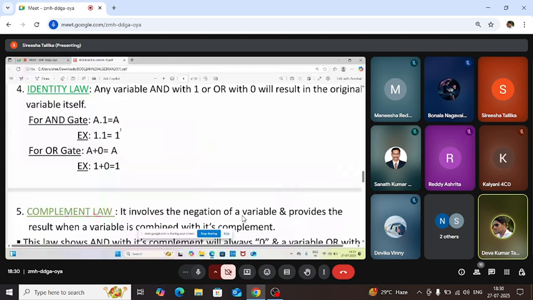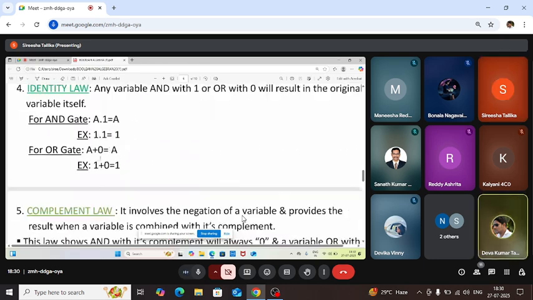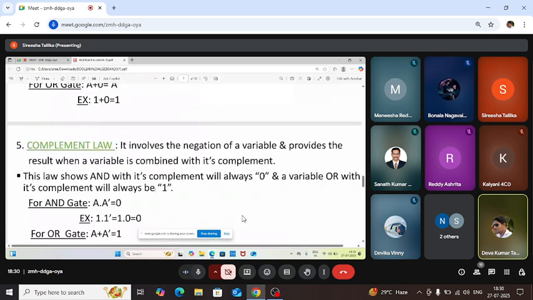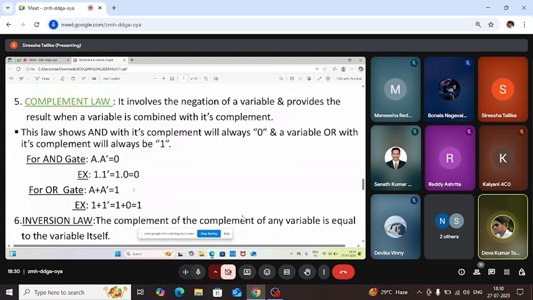That is the inversion law. In the complement law, AND and OR operations are also involved, but the AND and OR terminology is not there in the inversion law. Even though we generally treat complement and inversion the same, law-wise there is a very clear difference. That is one good point.